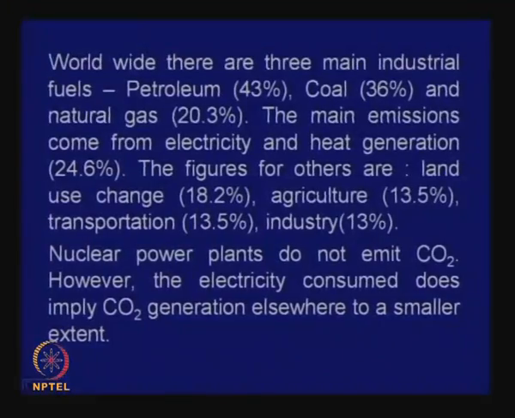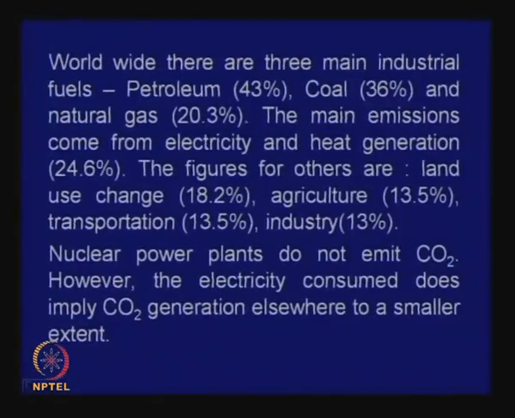When you do that, then the forest that was absorbing CO2 is no longer there. So, that CO2 will come out. We say that that figure will be attributed to change in land use pattern. Agriculture will account for some, transportation some, industry 13%.